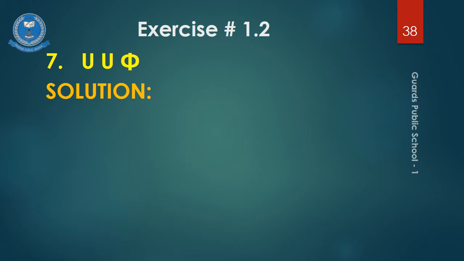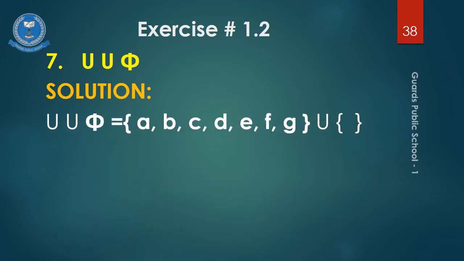After solution, mention universal set union phi is equal to list all the members of the universal set and union with null set. Null set is normally represented by phi and empty curly brackets, means curly brackets without any member. Union means write down all the members of the two sets.